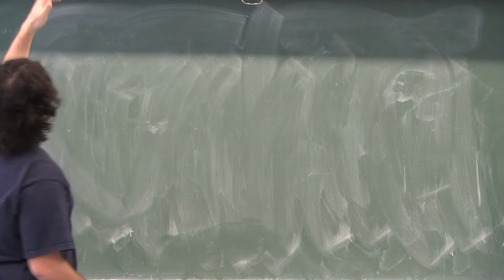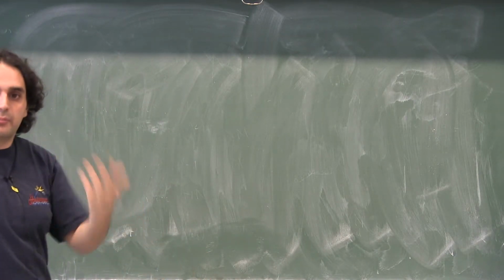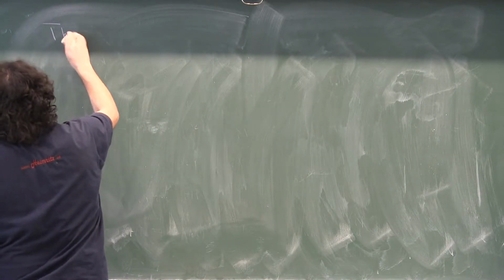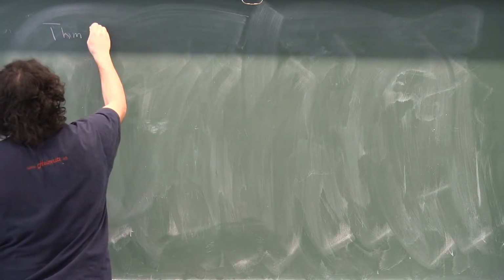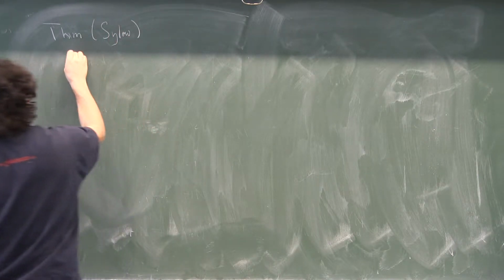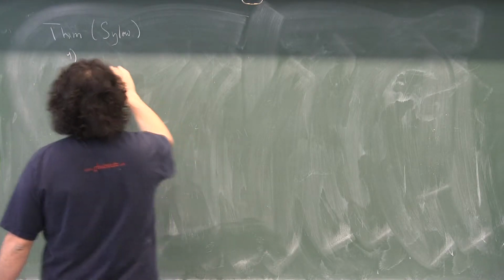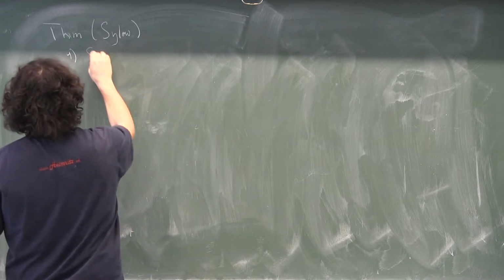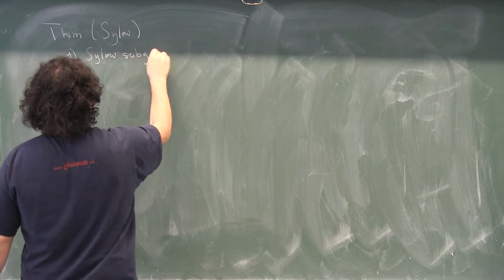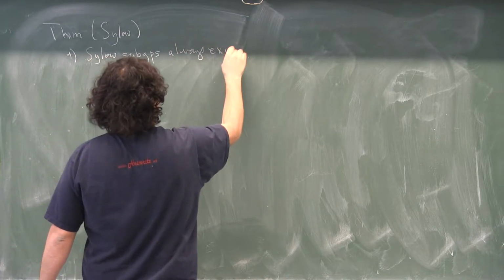So Sylow's theorem is about the existence of P Sylow subgroups, the number of them, and their structure. So theorem, Sylow. Part 1 says Sylow subgroups always exist.